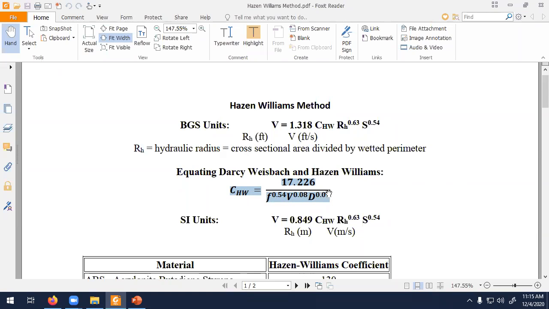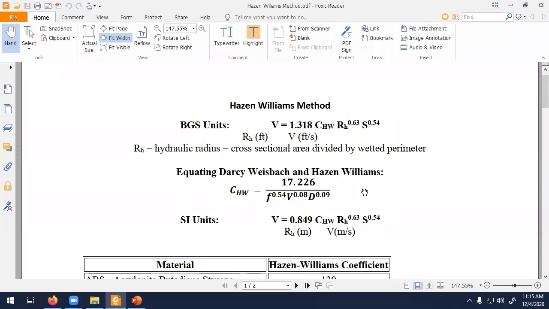And I'll be speaking more about this. And in fact, since I have the PDF open, let's identify it now. What the Hazen-Williams equation does is remove the necessity to understand the boundary layer.